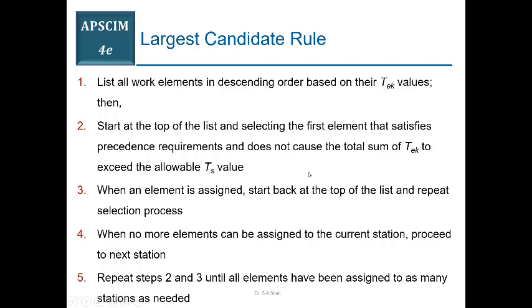Then after a rearrangement of the table, simply you will have to start with the top of the table, and then you will select the feasible element that can be assigned to the workstation. ठीक है ना. सो आपके पास ऑपरेशंस आ जाएंगे डिसेंडिंग ऑर्डर में, ऑपरेशन टाइम के रेफरेंस से, और फिर उसमें से आपने सिलेक्शन करनी होगी कि कौन सा ऑपरेशन जो है वो किस वर्कस्टेशन को आप असाइन कर सकते हैं.